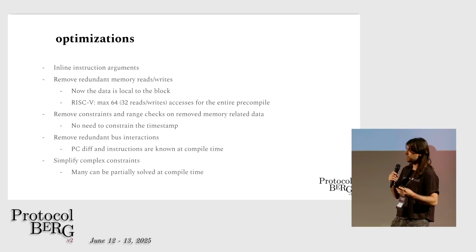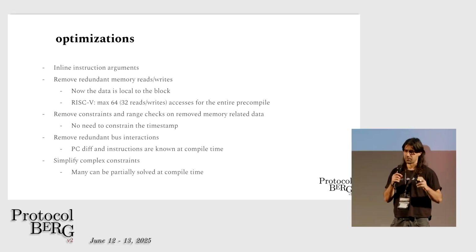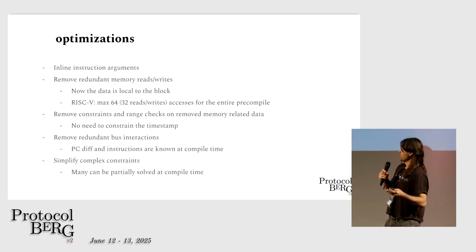The thing is that because we know that a lot of these instructions are local to the basic block, whatever they are writing will not be read after the basic block, only inside it. We don't need these to be memory operations, and it's much better if they are pure data, or in zkVM terms, columns. It's much better if they use the primitive data type instead of going through memory, because that adds a lot of overhead that can now be removed.